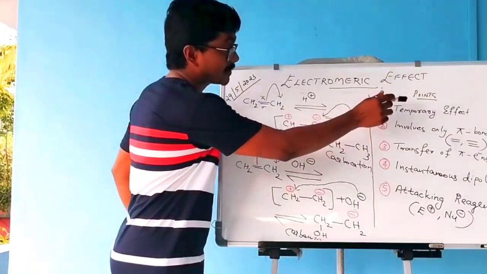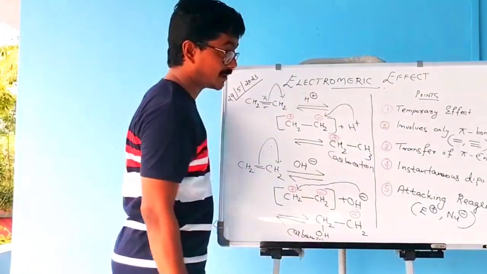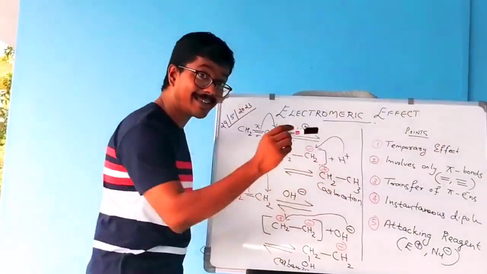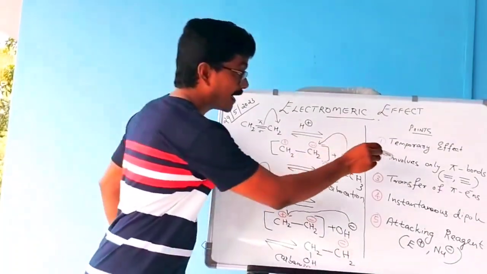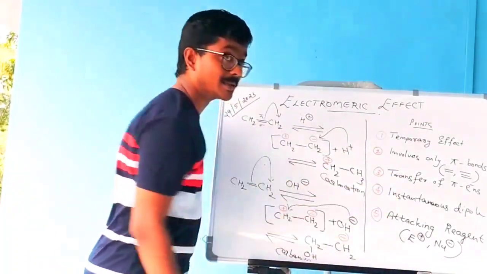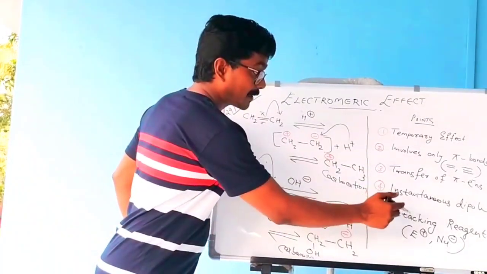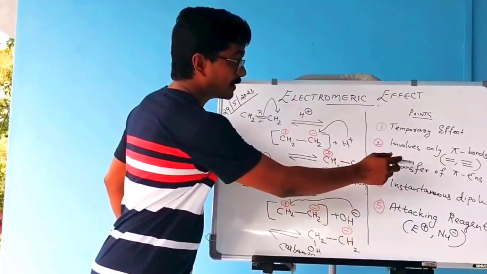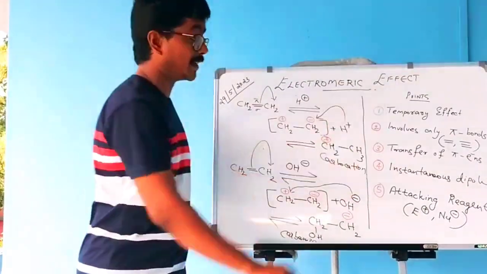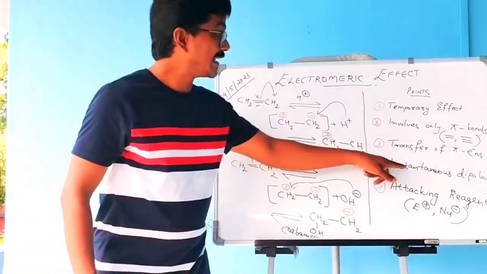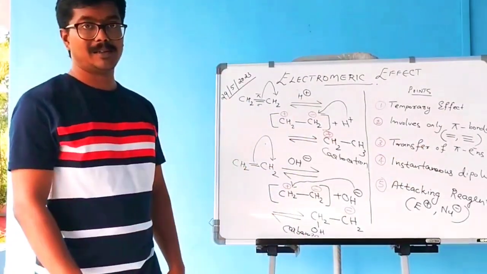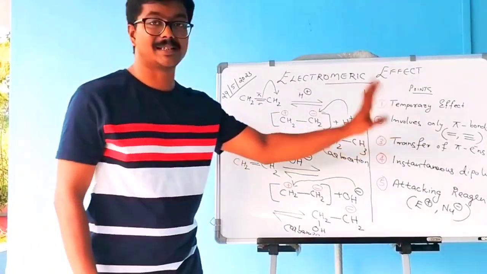Let's note these points. It is a temporary effect in the presence of an attacking reagent and involves only pi bonds, that is double bond and triple bond. As a result of the presence of an attacking reagent, the pi electrons are transferred, forming an instantaneous dipole.